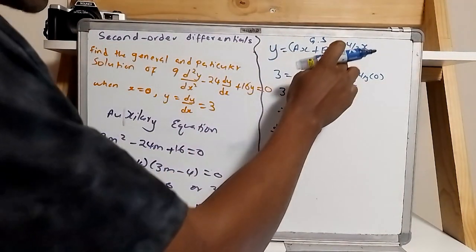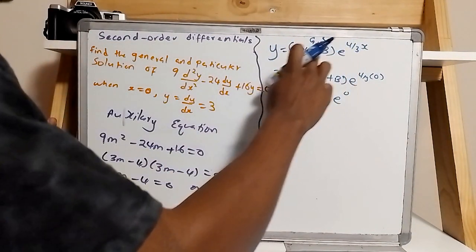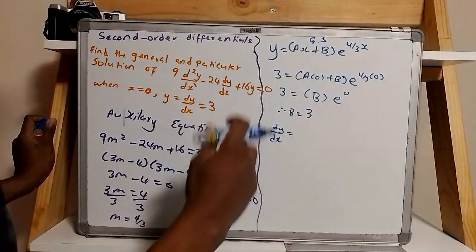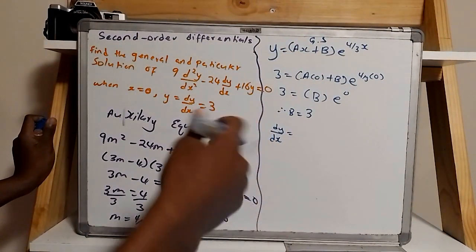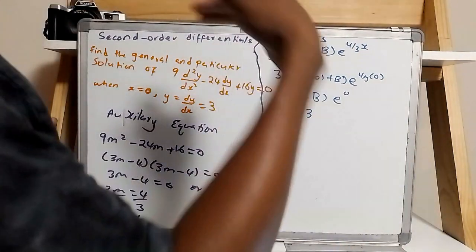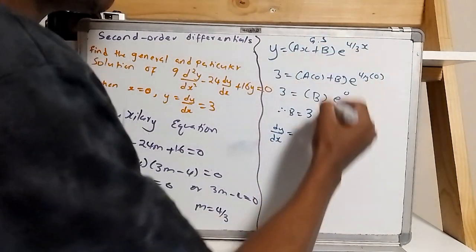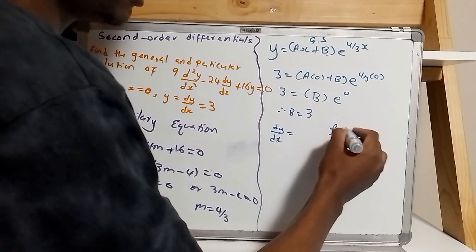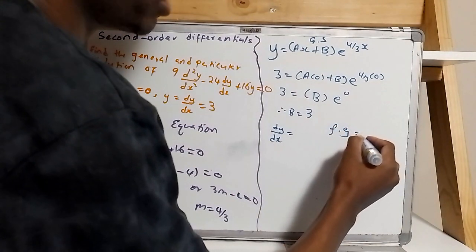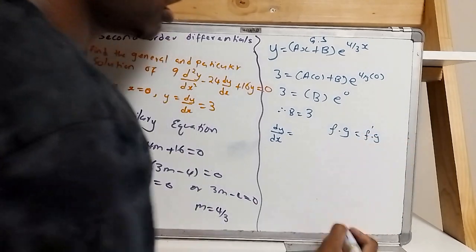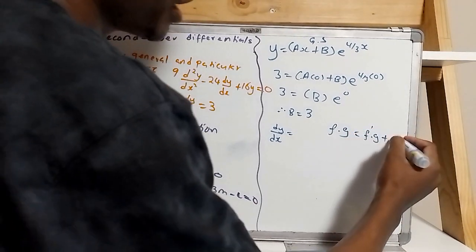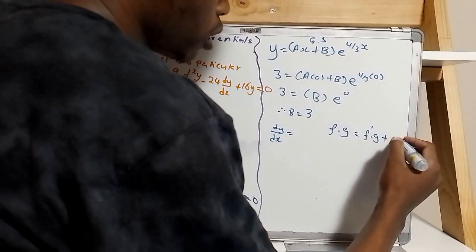I have this function and I also have this function. If I have two functions multiplying each other, I'm going to differentiate f and keep g constant, plus differentiate g and keep f constant.